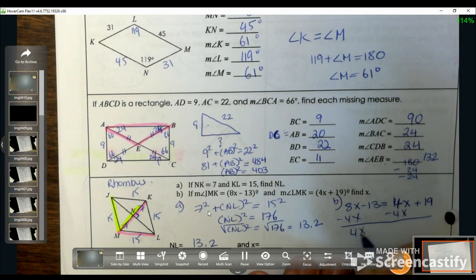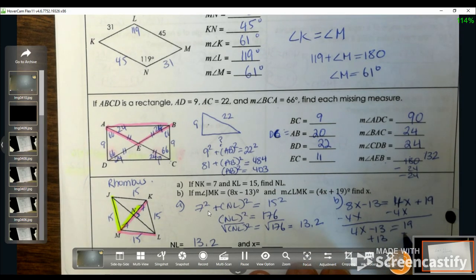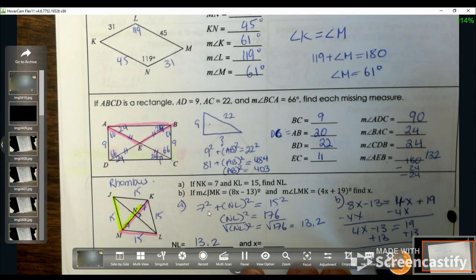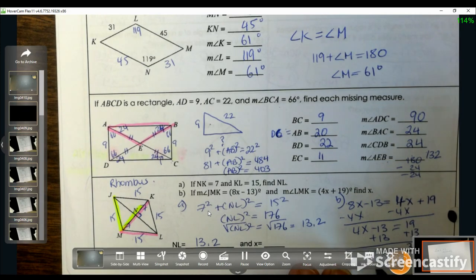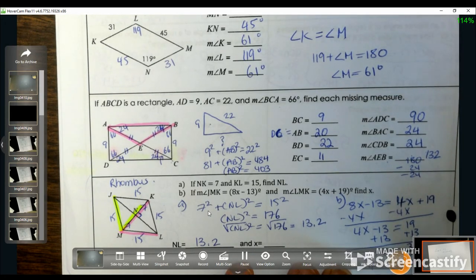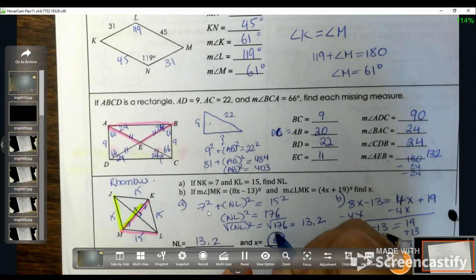I get 4x minus 13 is equal to 19. I'm adding 13 to both sides, and I'm going to get 4x is equal to 32. Dividing by 4, I wrote 14, but it's 4. I get x is equal to 8. And here I go, x is equal to 8.